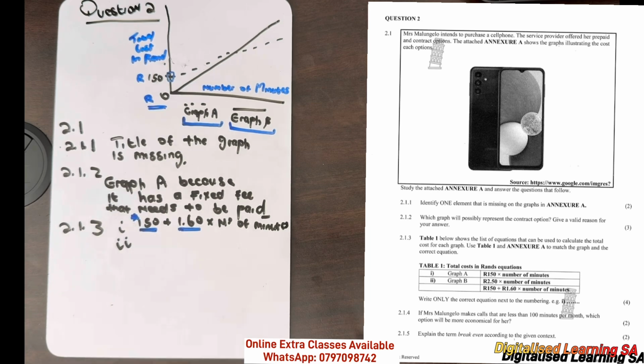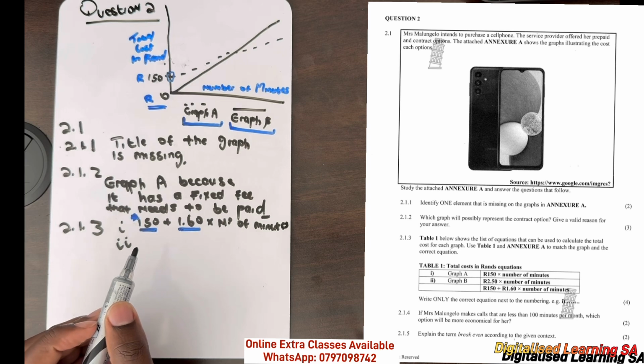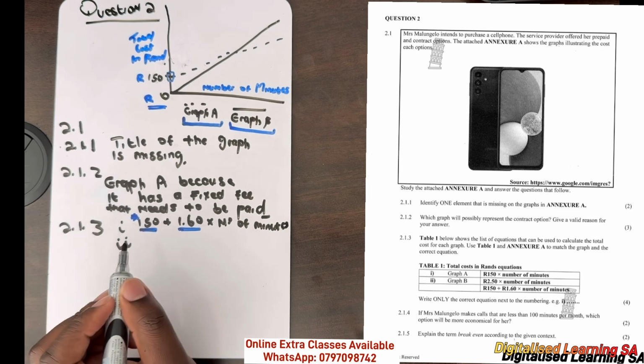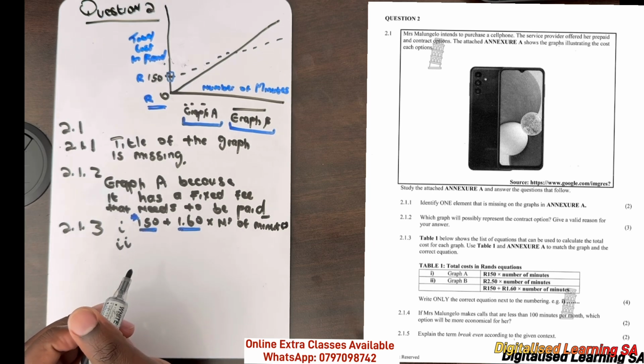So graph A will match our third equation. So this makes sense. Now let's move to graph B. For graph B, there's only one option left, which is 250 per minute. This makes sense as well because there's no fixed fee.